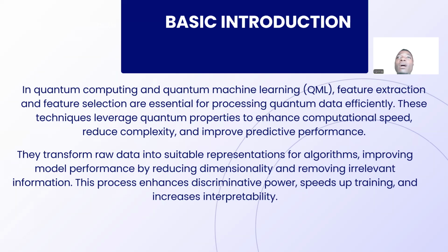QML algorithms, like the quantum support vector machine or variational quantum classifiers, can be used to classify air quality. If the air is good, it will display green.